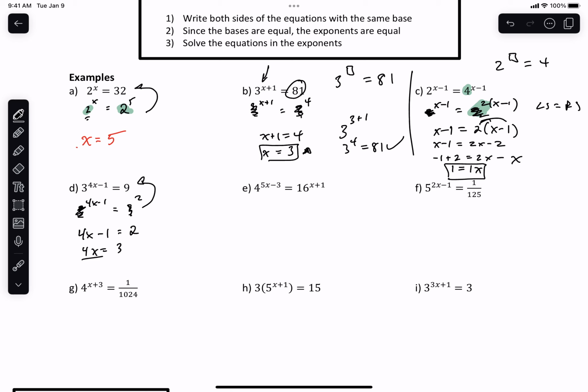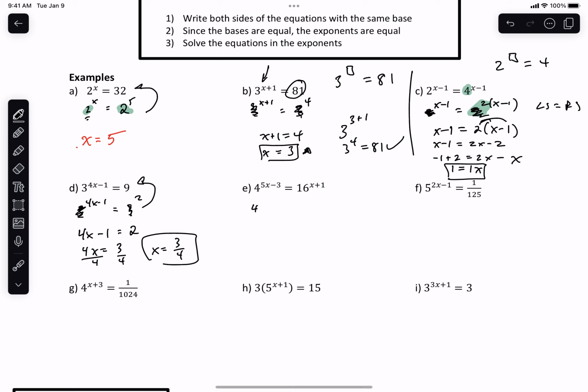Divide both sides by 4. x should equal 3/4. I did a couple things there, so just stare at that, make sure you're okay. All right? Okay, is everyone okay?